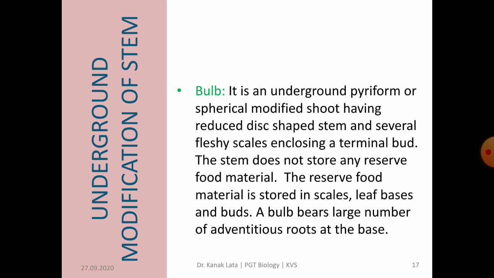The stem does not store any reserve food material here, but reserve food material is stored in scales, leaf base and buds. The bulb bears large number of adventitious roots at the base.